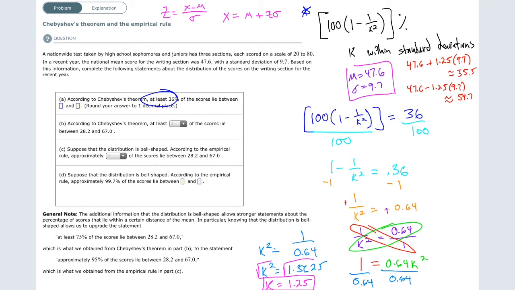So that would be the two numbers. Let me write this down first and then I'll say it. At least 36% of the scores are somewhere between 35.5 and 59.7. And yeah, I definitely see why you didn't like that problem. That being not very fun.